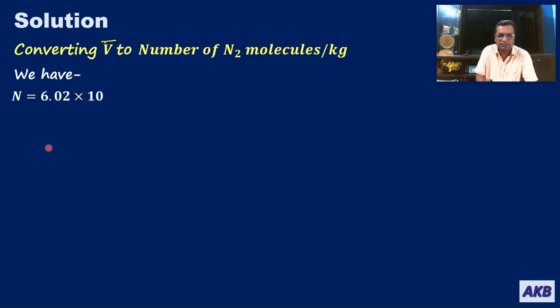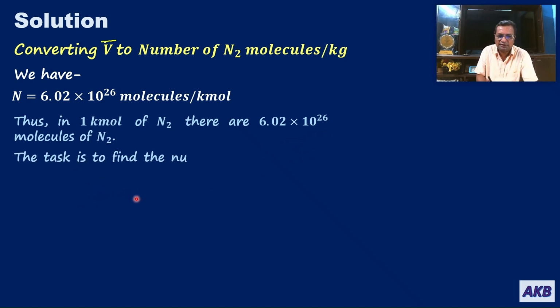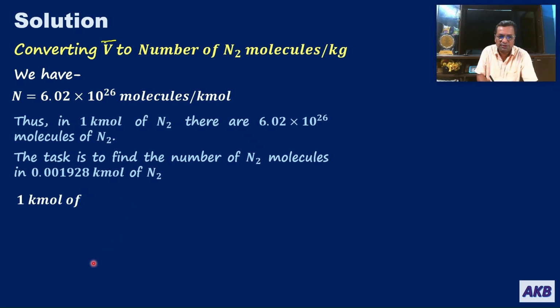We have Avogadro number 6.02 into 10 to the power 26 molecules per kilomole. That means 1 kilomole of nitrogen contains 6.02 into 10 to the power 26 molecules of nitrogen. The task is to find the number of N2 molecules in 0.001928 kilomole of nitrogen.